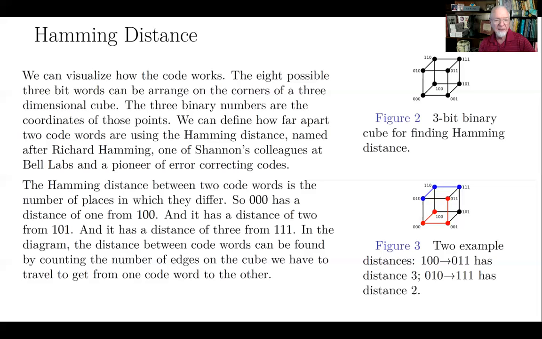All right, Hamming distance. So the 3-bit binary can be seen as the corners of a cube. So 0, 0, 0 is here at the left corner, and 0, 0, 1 is to the right bottom corner, and you can go around for all the ones that there are.